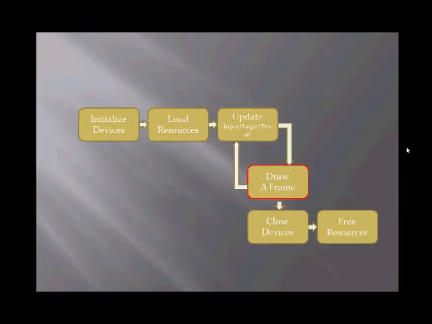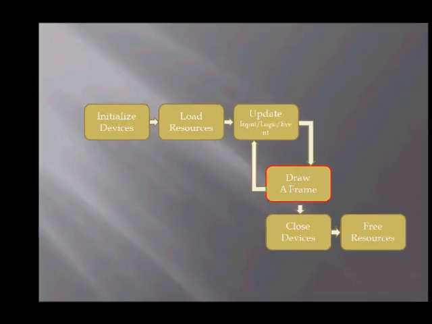In this sequence, the first two states, initialize device and load resources, happen before starting the game. Update and draw are the only states which you see on the screen. Those two steps loop until you end the game.